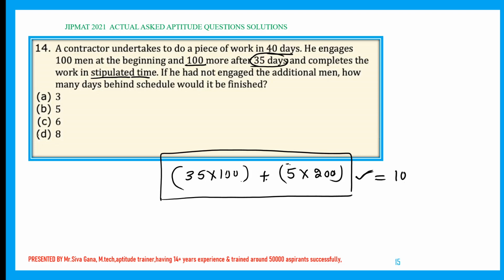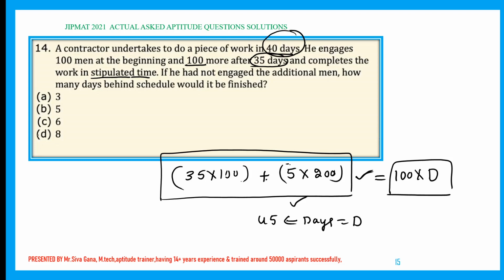Now 100 men have to do the same total work, which is 3,500 plus 1,000, so 4,500 divided by 100, 45 days. If the additional 100 men were not employed, work will be finished in 45 days. Actually, work has to finish in 40 days. So, delayed by 5 days.